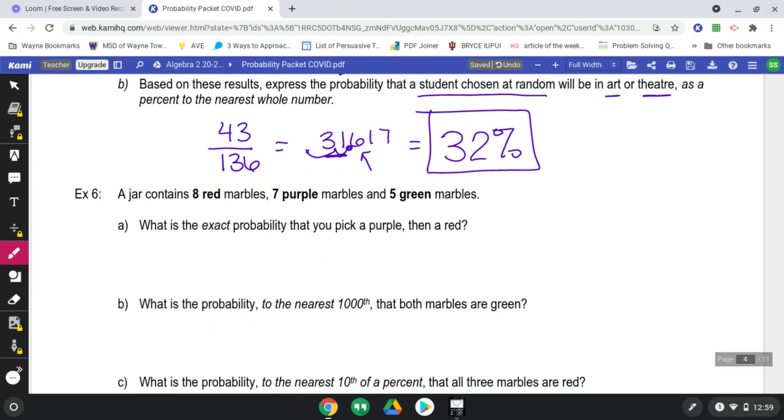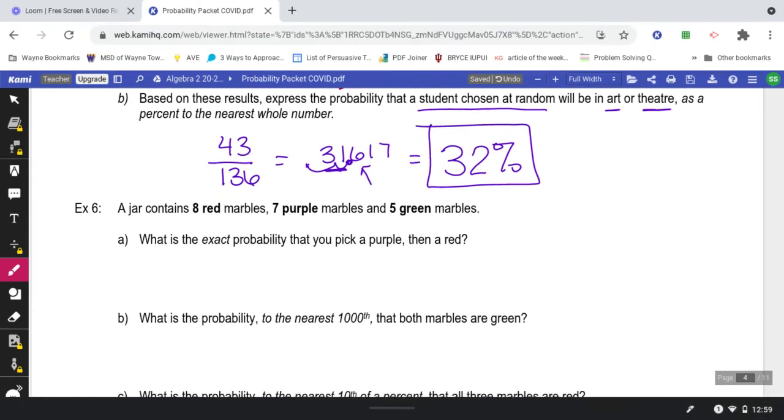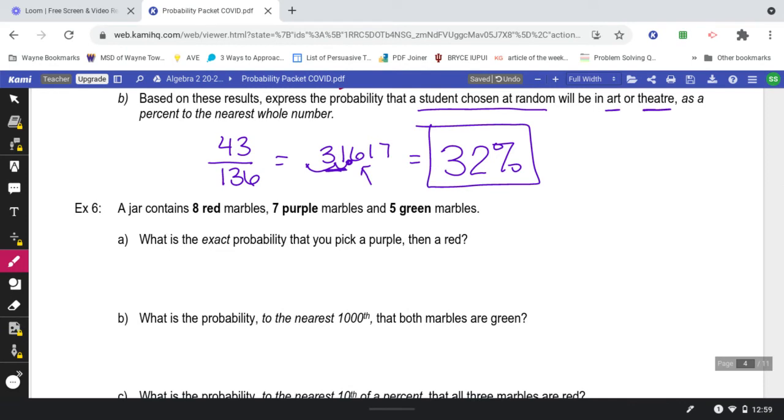Okay, example number 6. A jar contains 8 red marbles, 7 purple marbles, and 3 green marbles. What is the exact probability that you pick a purple, then a red? When you see the phrase exact probability, that means they want it as a fraction.